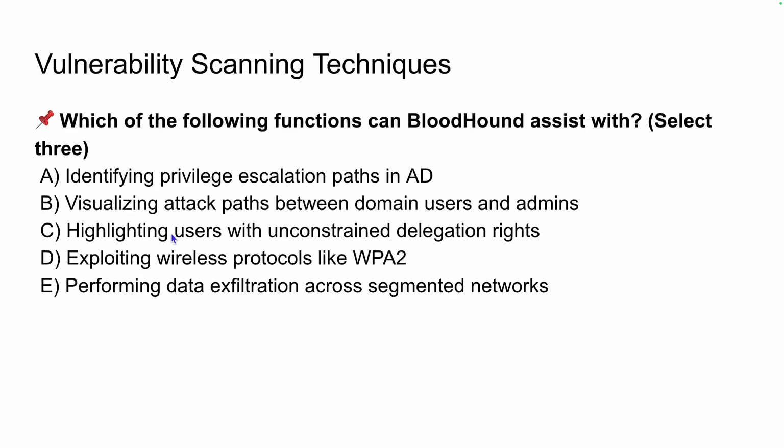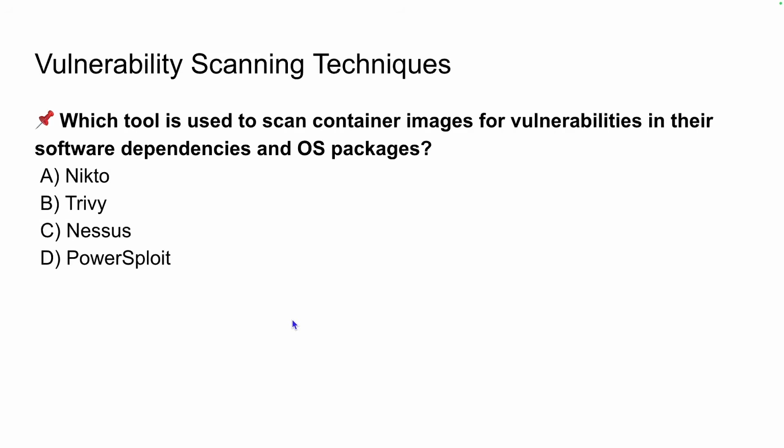So that could be a thing. Exploiting wireless protocols, that's not it. That's kind of like an aircrack, airmon kind of function. Performing data exfiltration across segmented networks, that's also not it. So it would be A, B, and C. It has to be. Yeah, there you go.